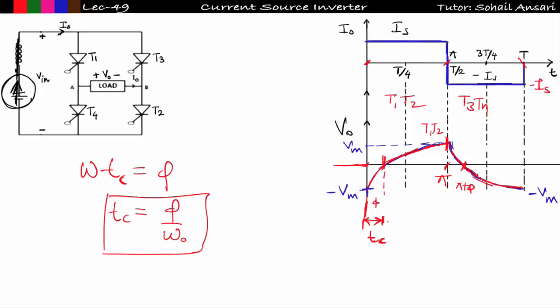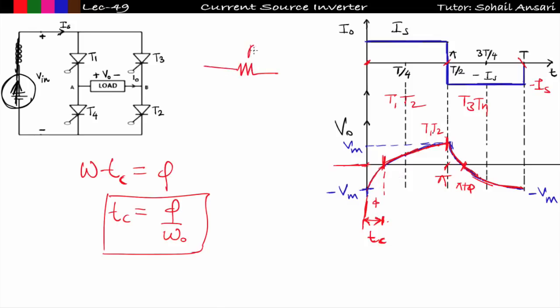But let me derive in this lecture, without knowing the angle phi you can calculate the circuit turn-off time, so don't worry. Now, this output voltage or voltage across the capacitor is exponential in nature. From 0 to pi it is exponentially increasing, and from pi to 2 pi it is exponentially decreasing. Therefore, it is really necessary to find the voltage equation across this capacitor.